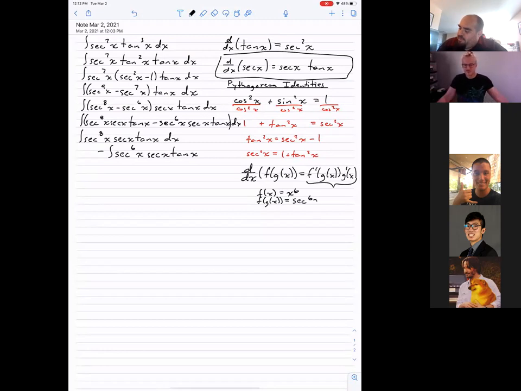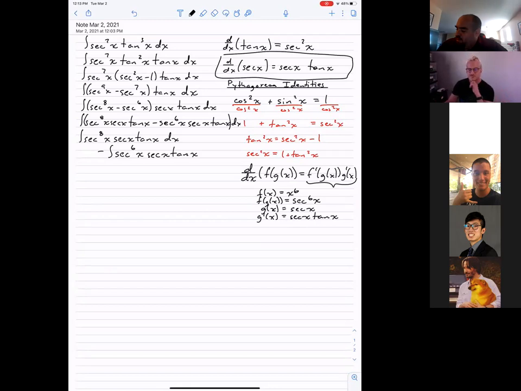Secant to the sixth of x. And that all comes from the fact that g of x is equal to secant x. And like we already said from Matthew a while ago, g prime of x is equal to secant x tangent x. So one thing I'll say about undoing the chain rule is it's pretty simple, but it does still require some organization to make sure that you have all the pieces in place.